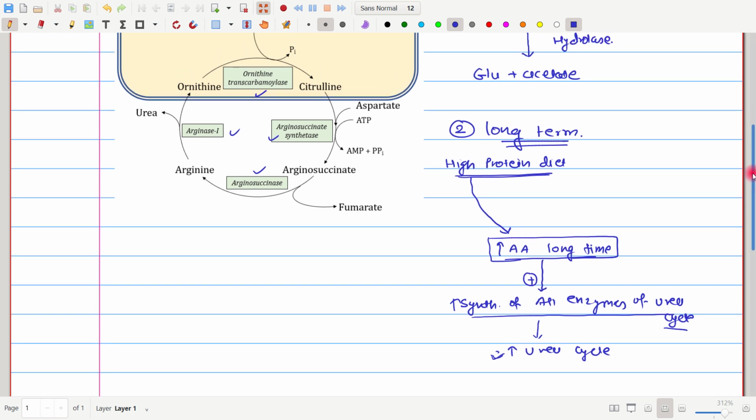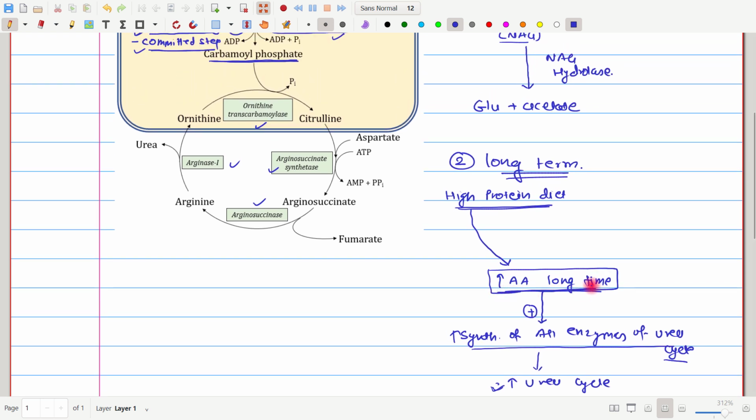The second condition which can lead to such increased amino acids for a long time is fasting for a long time, or you can say prolonged starvation. Now what happens in prolonged starvation is that carbohydrate and fat as fuel sources are already depleted.